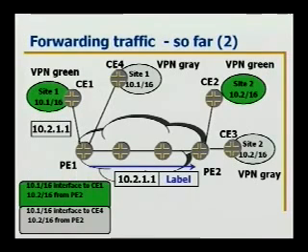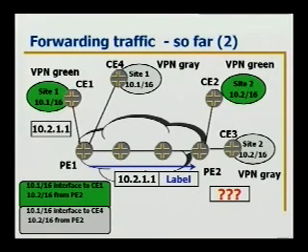The packet would travel across the label switch path to PE2 and arrive at PE2. And PE2, what does it do with it now? It has no idea. Does the traffic belong to VPN Green or to VPN Gray? The problem is that the traffic is not marked in any way. The traffic is not identified in any way as belonging to a particular VPN.